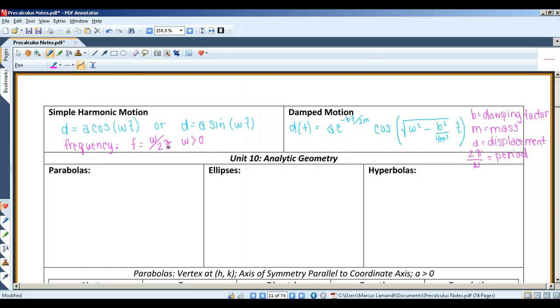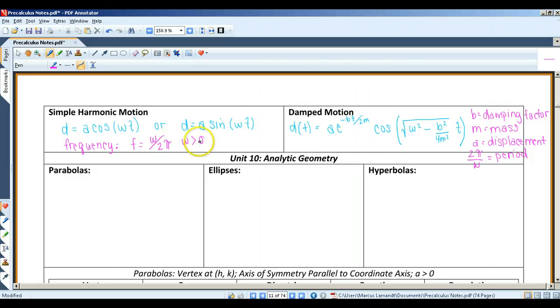The frequency of an object in simple harmonic motion is the number of oscillations. Oscillations is when it goes up and down like that. Is the number of oscillations per unit time. Since the period is the time required for one oscillation, it follows that the frequency is basically just the reciprocal of the period. Okay? And w has to be greater than 0, once again.